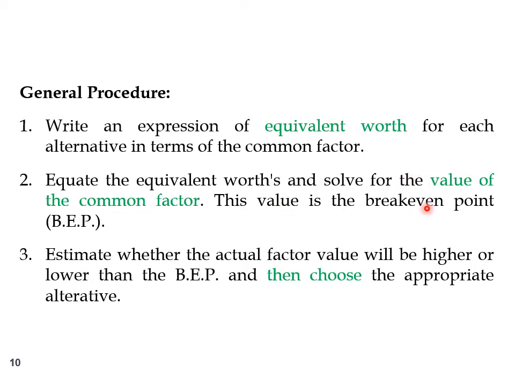This value of the common factor that makes the two equivalent worths equal to each other is called the break-even point, BEP. Then you will estimate whether the actual level of this factor is higher or lower than the break-even point. And depending on that estimate, in comparison to the break-even point, we select the most appropriate alternative. Okay, this is the general procedure of a break-even analysis.